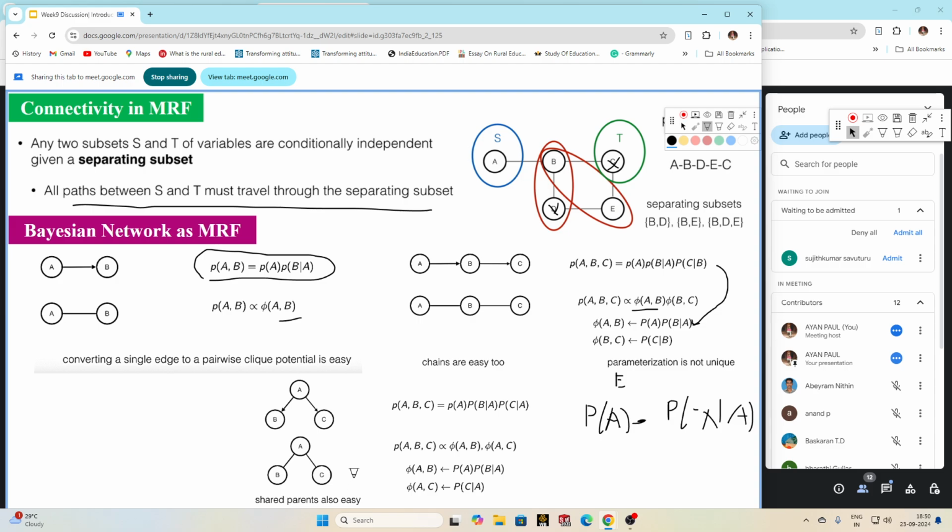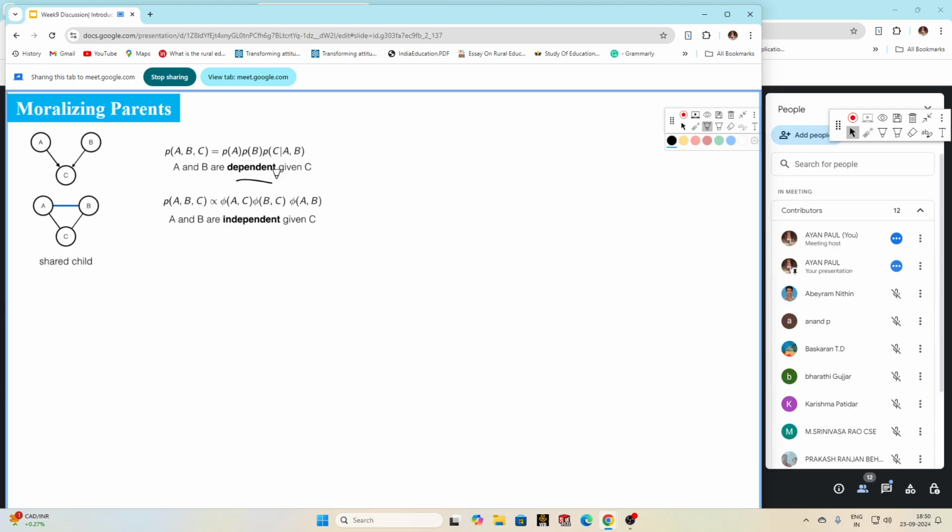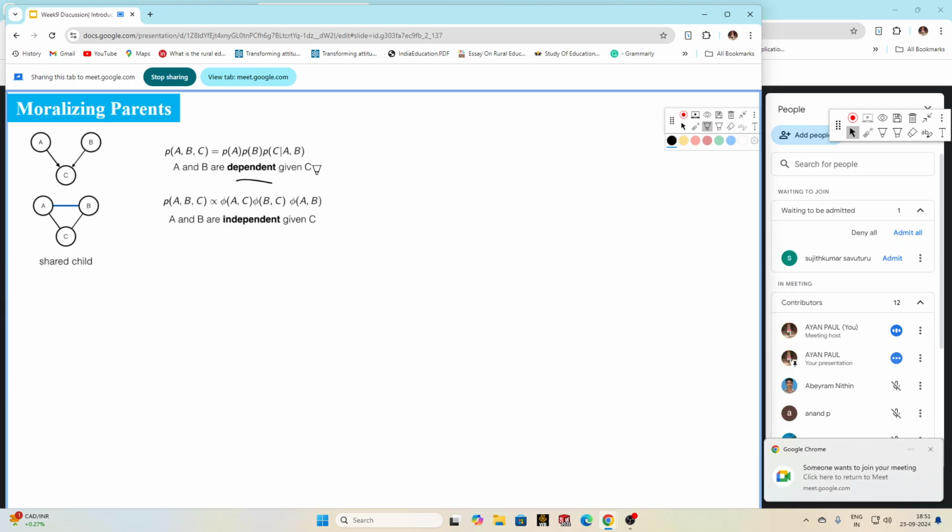Okay, so these two cases hold, but when we have this third case, that is two parents and one child, what we have observed in our Bayesian network is that if the middle node is given, then these two nodes are dependent. That is according to our Bayesian network, the third case, or explaining away effect.